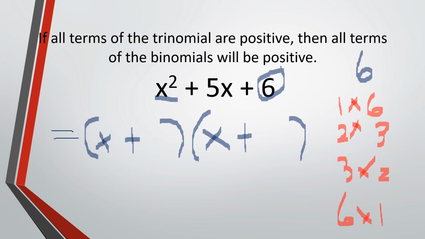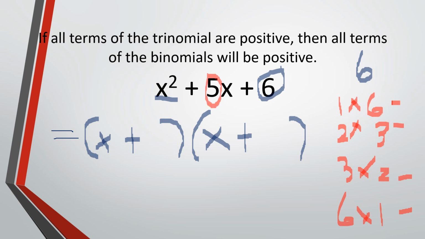We know that the product of these numbers is 6. Now, among these four, we will find the one in which the sum is equal to 5.